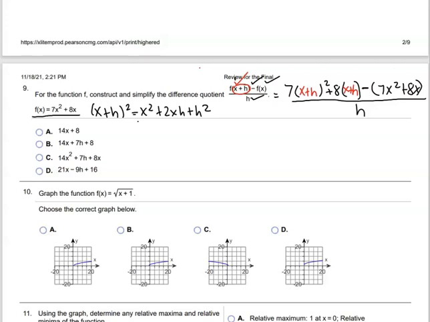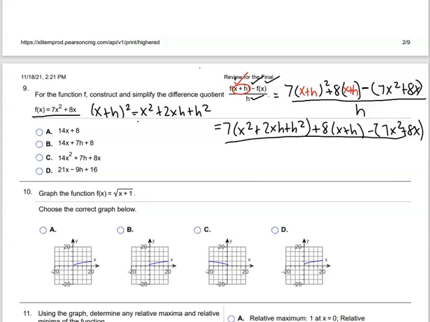And so that made our work a little bit easier when we were trying to multiply this out, because x plus h squared is just x squared plus 2xh plus h squared. And we went ahead and plugged that in. Plus 8 times x plus h minus 7x squared plus 8x all over h.